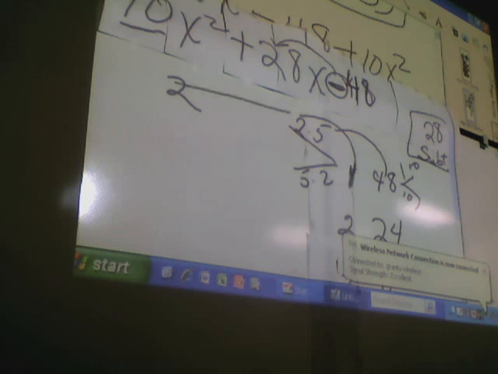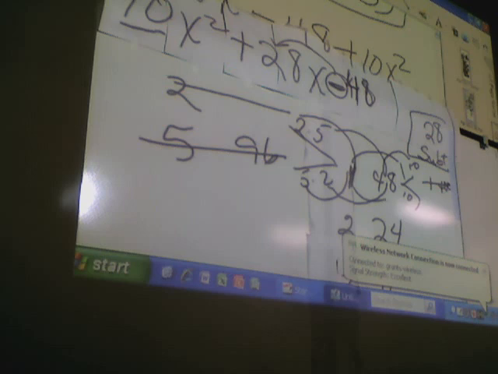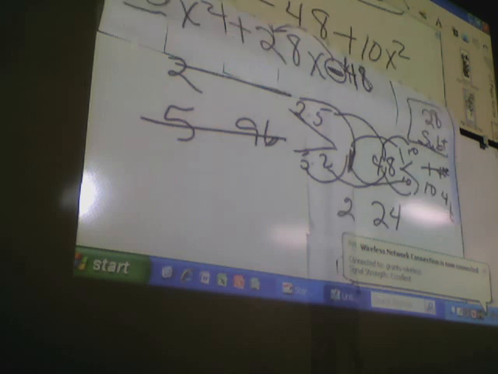We know that's not it. 1 times 5, 5. 2 times 48 is 96. That's not it. Okay, let's do the 1 times 10. 1 times 1, 1. 480, no. Okay, 1 times 10, 10. 48 times 1. That's 38 away. That's 10 away.